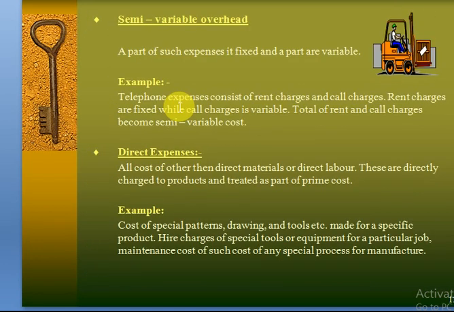Direct expenses and indirect expenses we already explained in our previous lectures, but I will give you a short touch. All costs other than direct materials and direct labor, which are directly charged to products and treated as a part of the prime cost, are called direct expenses. So direct expenses are those expenses which are a part of the finished goods, and can be treated as a part of the prime cost.